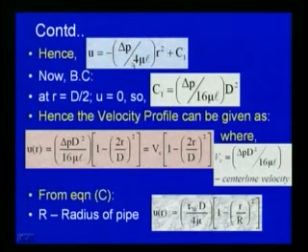Hence we can derive a relationship for the velocity as u is equal to minus delta P by 4 mu L into r square plus C1, where C1 is the constant of integration.